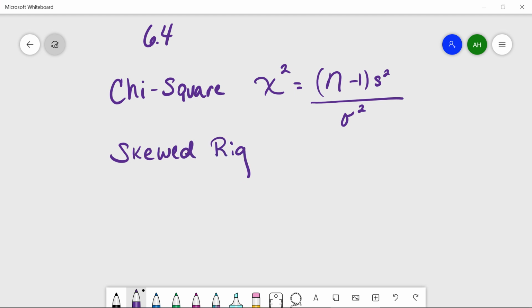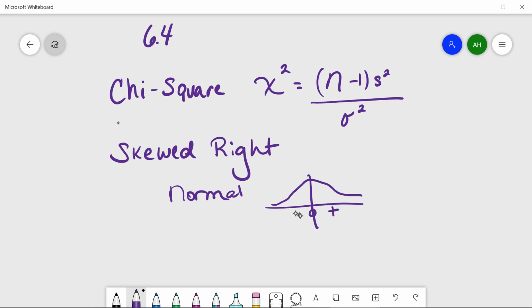Think of our normal distribution. We would have it looking like this. Remember that 0 was always right there in the middle, and we would have positive numbers on this side and negative numbers on this side.